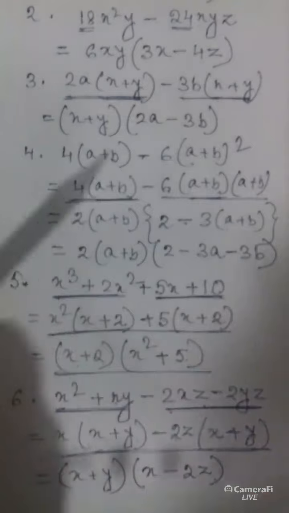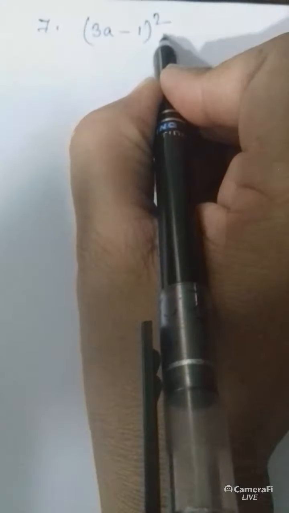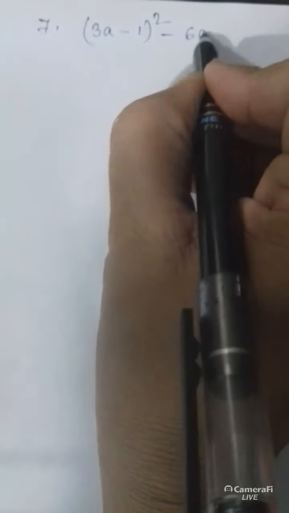Now another math, number seven: 3a minus 1 whole square minus 6a plus 2.